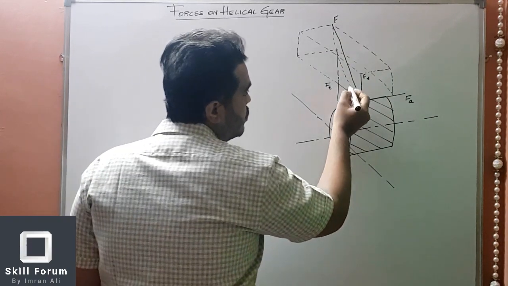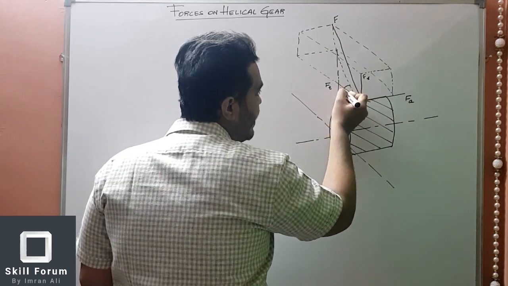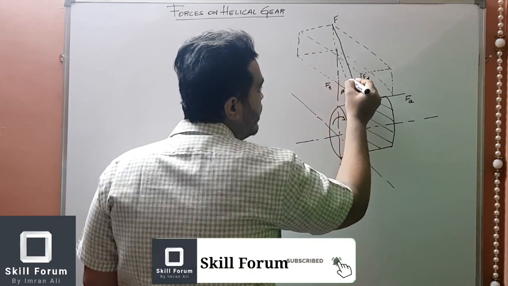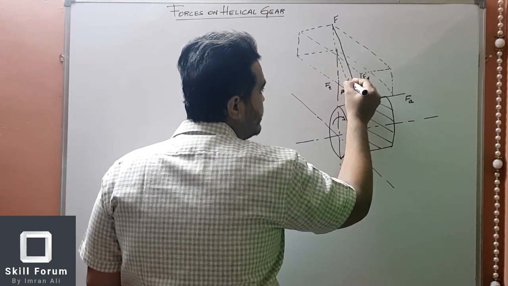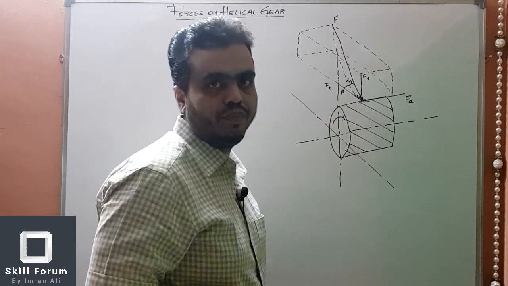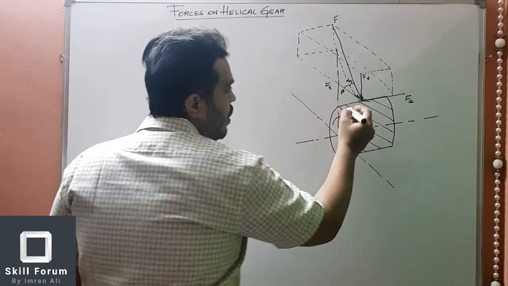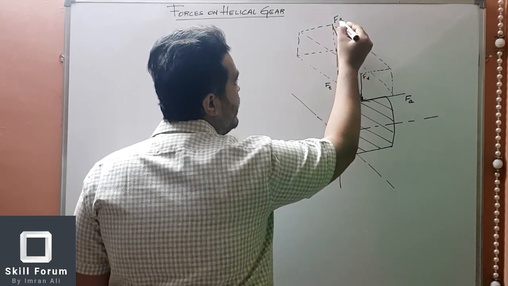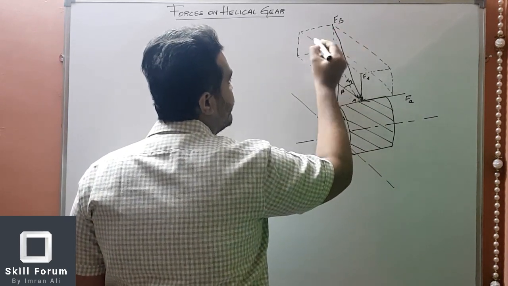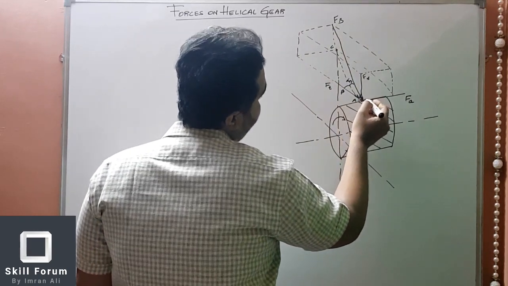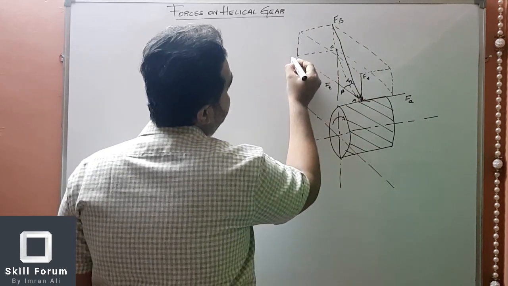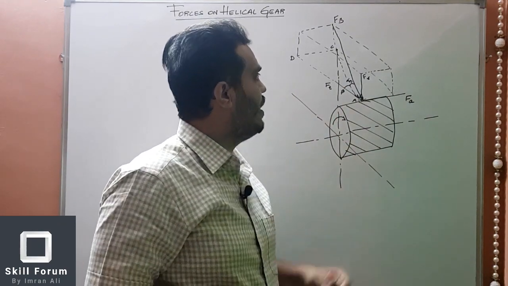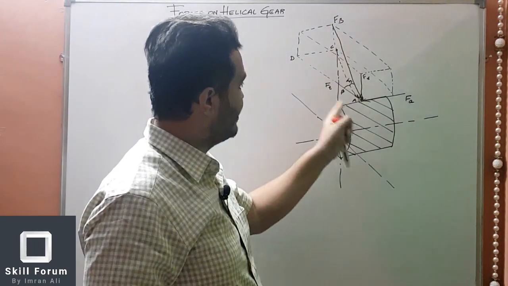This angle we call the helix angle beta, and this angle is the pressure angle, that is the normal pressure angle. This is A, B, this point is C, and this is D. Once we define the cuboid structure, we get triangles.